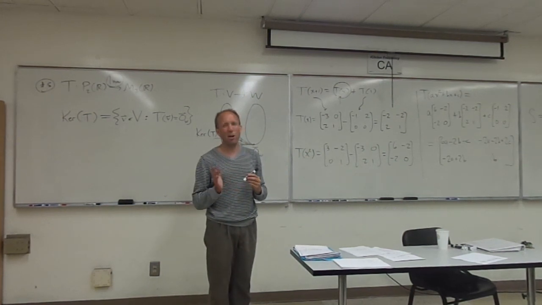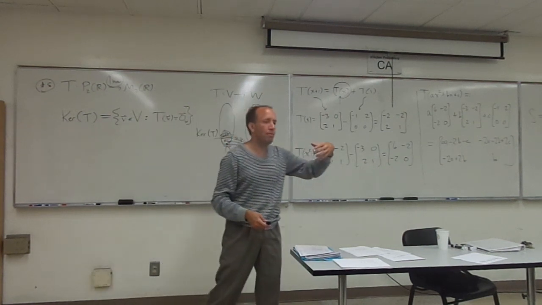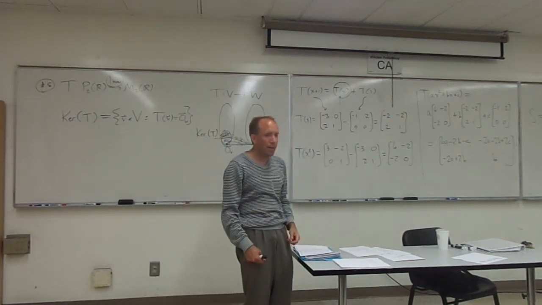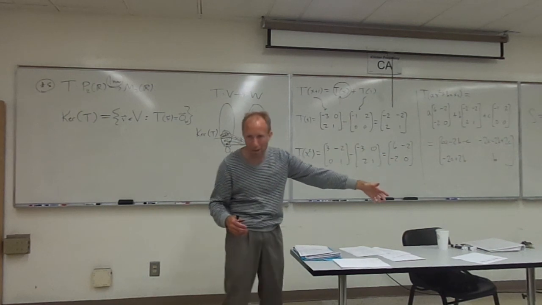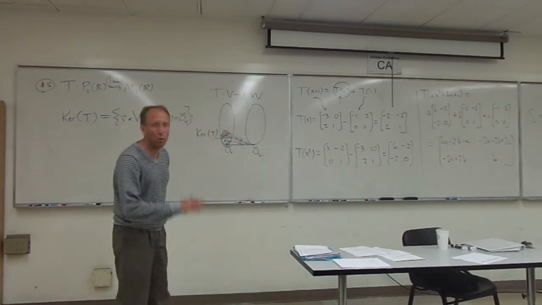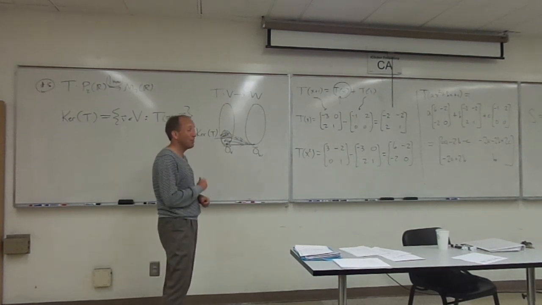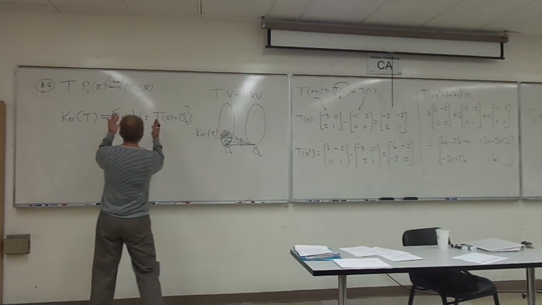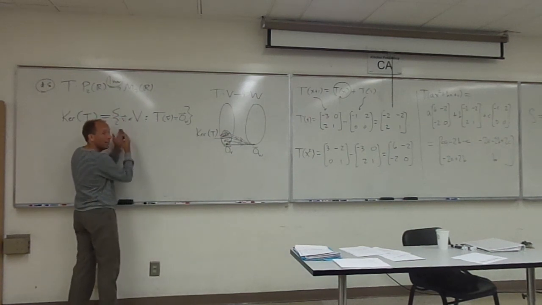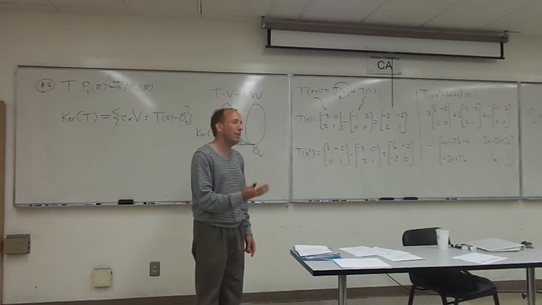Not hard to do that. If T of v gets killed and T of v prime gets killed, well then T of v plus v prime is going to get killed. It's going to preserve addition. So I'll show that to you tomorrow because that has to go in the formal notes. The point is it's a subspace. This subset of capital V that gets killed by the transformation is a subspace of V.